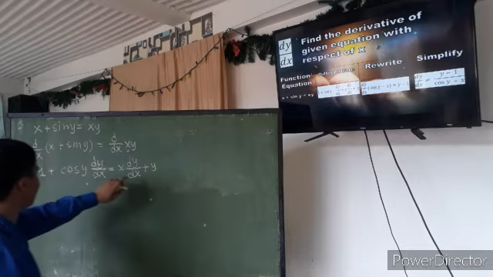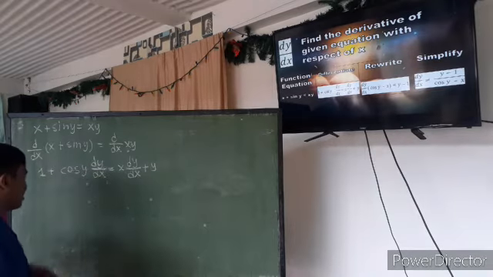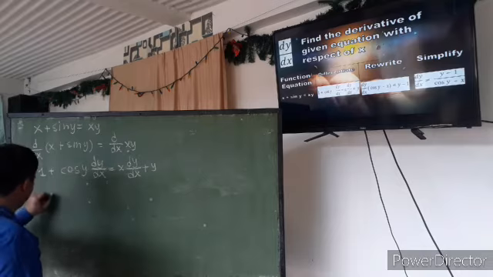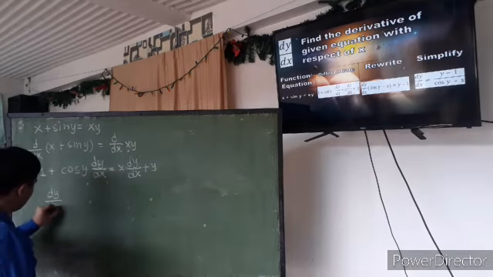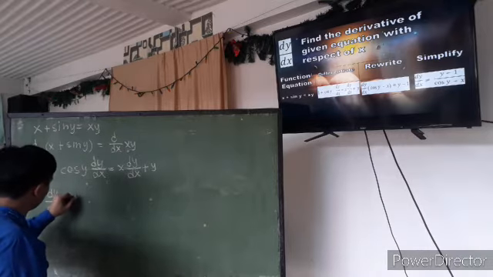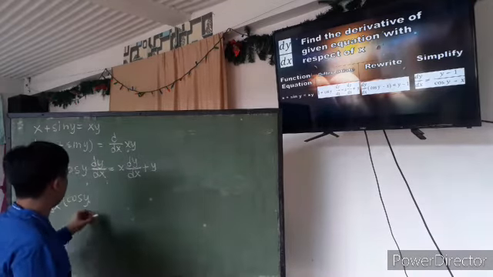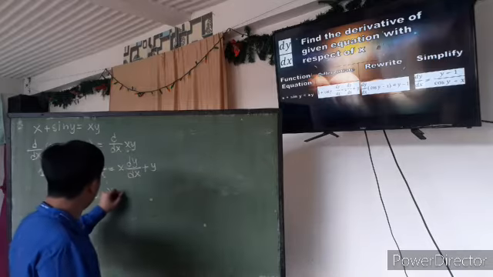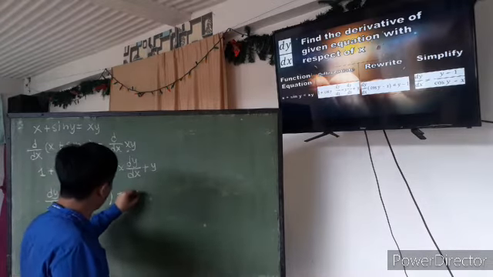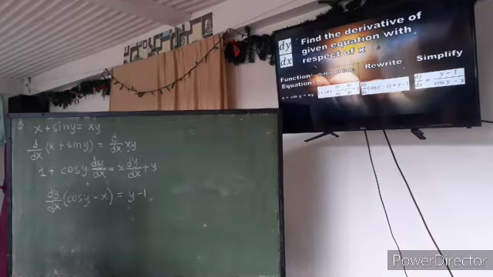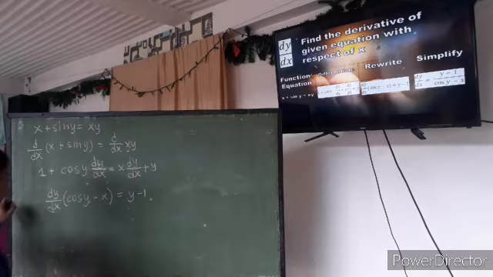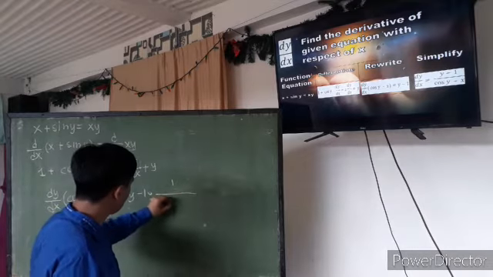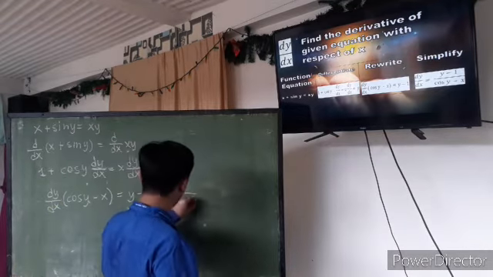Now, combine the terms with d of y over d of x, and transpose the x and y terms. Then divide both sides by cos y minus x.